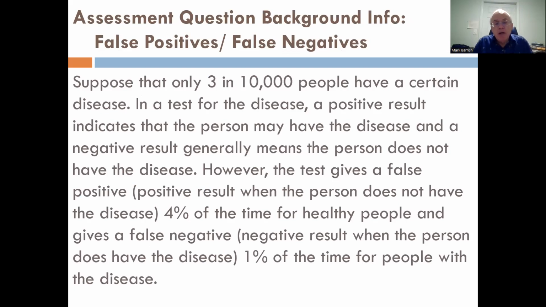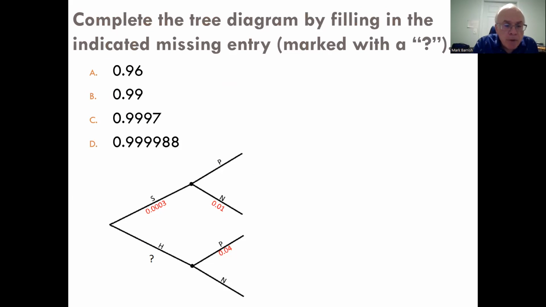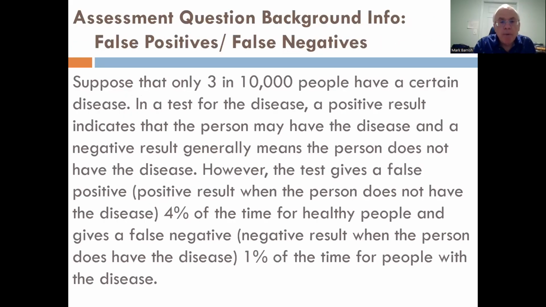So 3 in 10,000, if you divide that, you get 0.0003. And that's the probability that if you pick somebody at random from the population, they would actually have this disease. Now it says in a test for the disease, a diagnostic test, a positive result indicates the person may have the disease, and a negative result generally means the person does not have the disease.